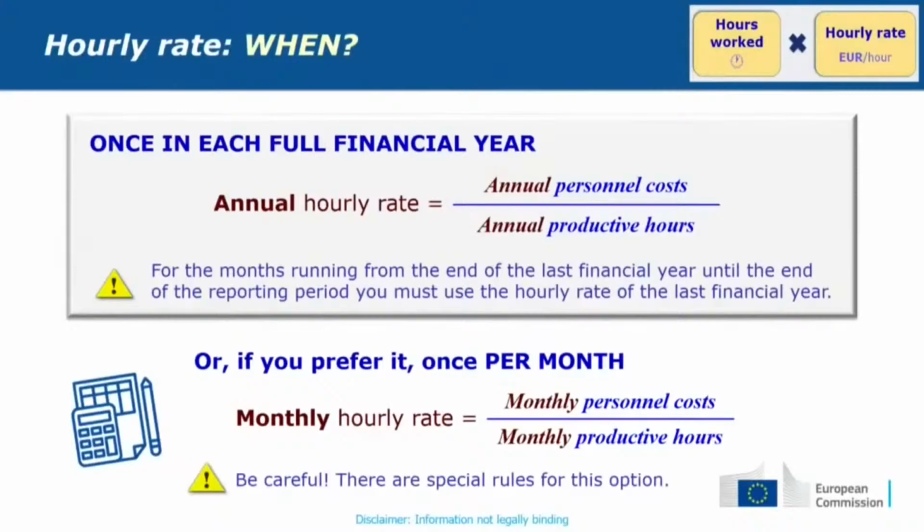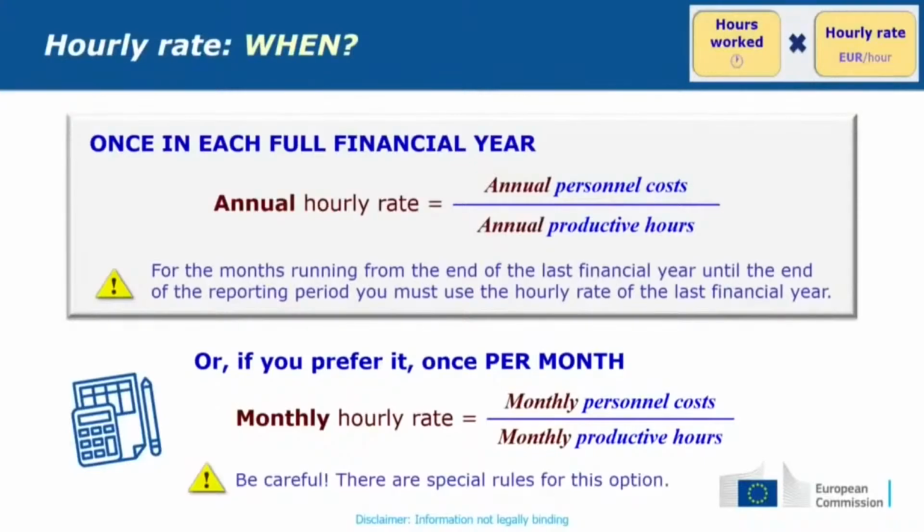Now, there is a small downside to this main approach: at the end of the reporting period, the financial year may still be ongoing. For instance, your financial year ends in December and the reporting period ends in March of the year after.